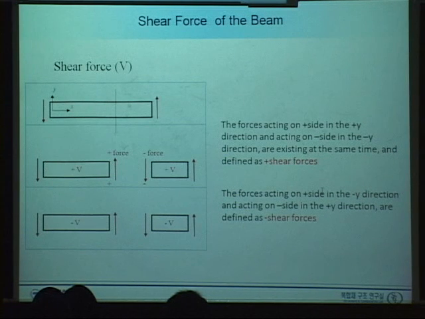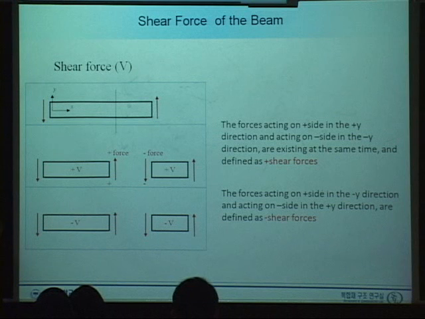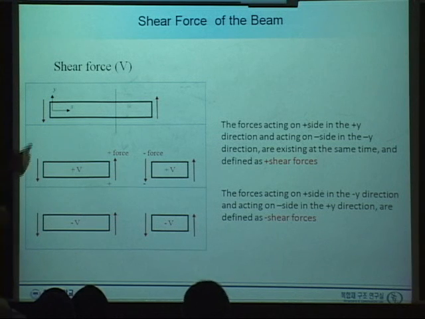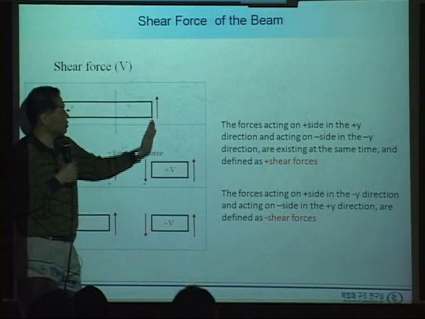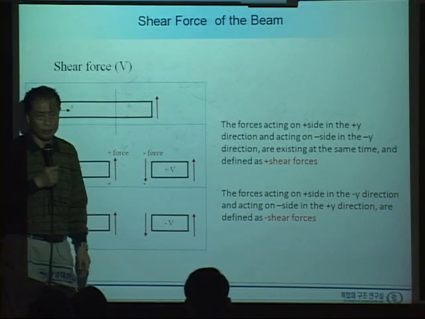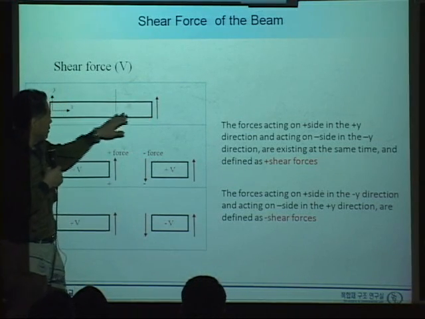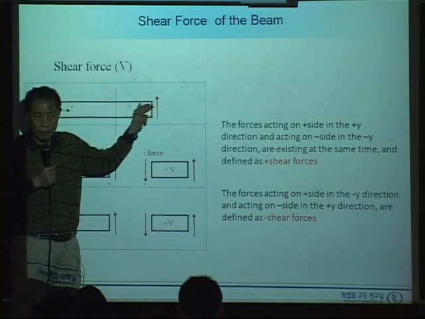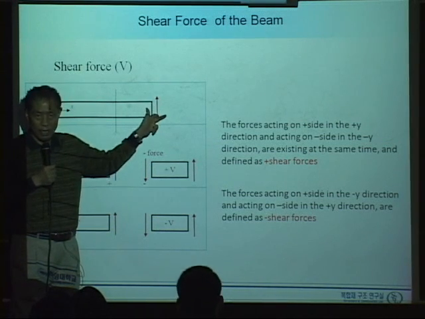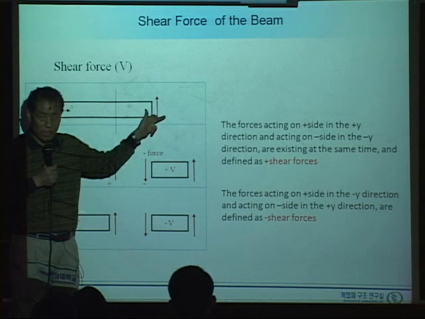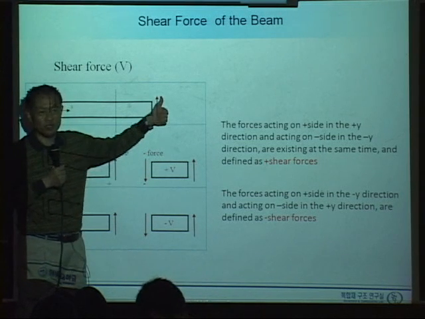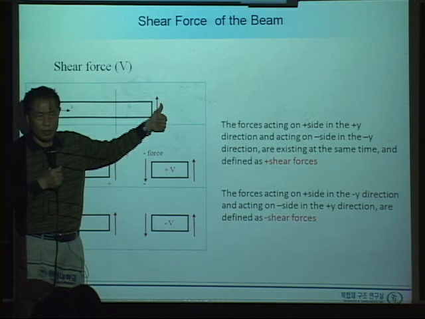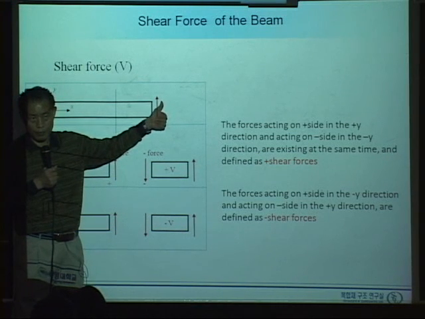Now, how about the beam case? Again, for a beam, we have two forces. One is the vertical shear force, and the other one is the bending moment. And for shear force, let's say it is subject to an upward force, okay? This is the plus x surface, and the force is in the plus y direction.